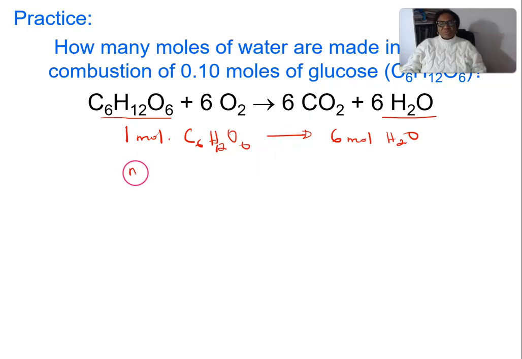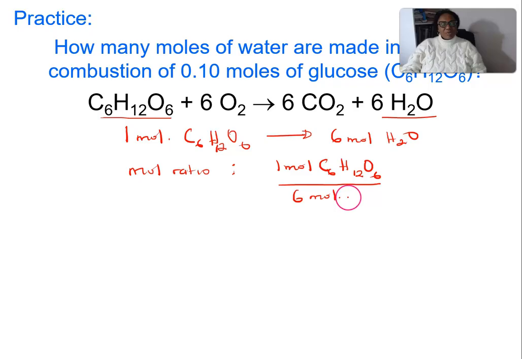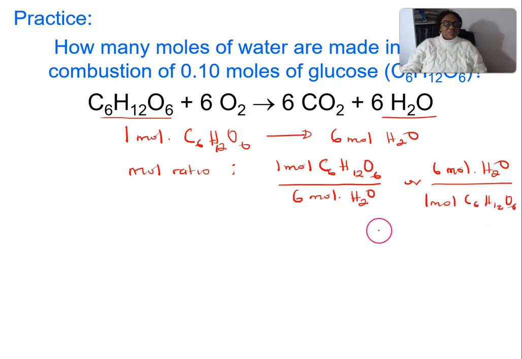So our mole ratio is 1 mole of C6H12O6 over 6 moles of H2O, or 6 moles of H2O over 1 mole of C6H12O6.